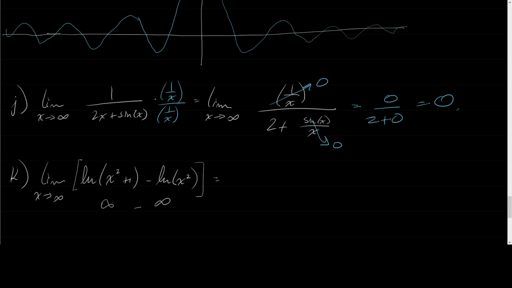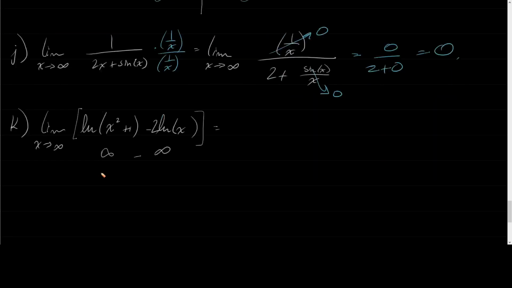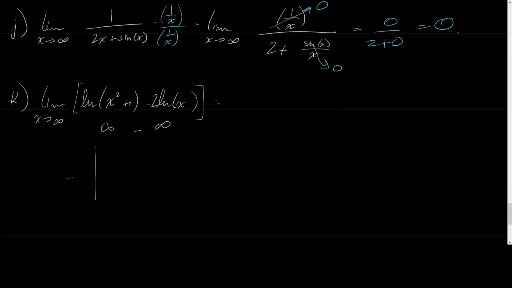And even if I rewrote this, say, for example, instead of having that ln of x squared, I have a minus 2 ln of x, that doesn't change anything, right? As x is going to infinity, this is ln of infinity, it's infinity. 2 ln of infinity, still infinity, because ln looks like that, right? And it just keeps getting bigger and bigger and bigger.